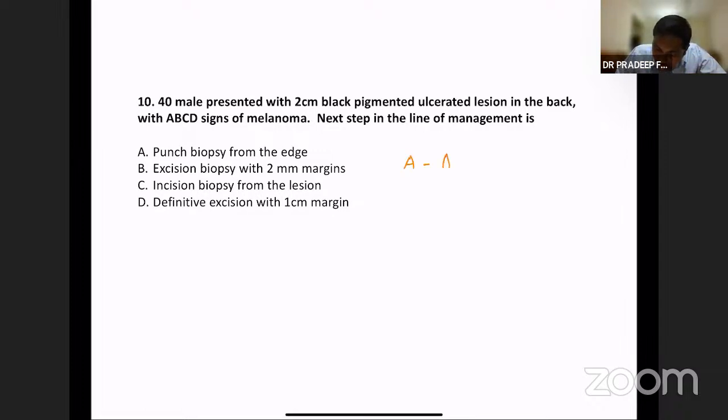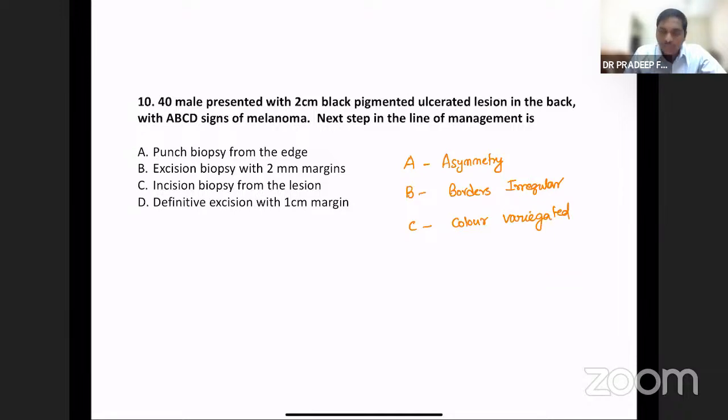A for asymmetry, B, borders are irregular, C, color variegated, that means the color gets variation, and finally D is diameter, that is more than 6 mm.